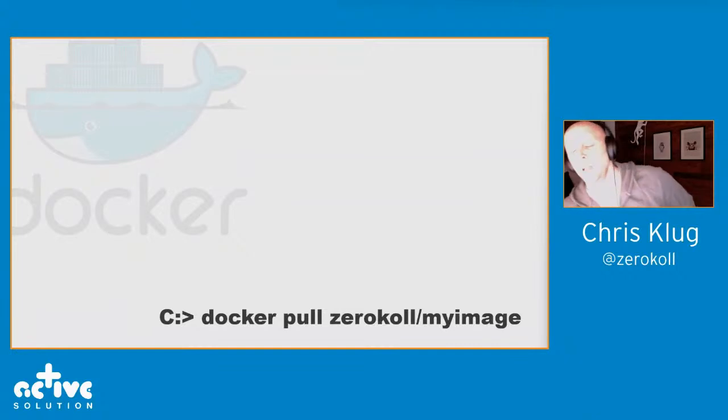So once you have your image, or you want to use somebody's image, say that you want to use, in this case, I have an image called zero-call my image. So to get that down on my machine so that I can run it, you go to the console and you write docker pull and then the name of the image that you want. So in this case, I want to go and what's called pull zero-call my image.